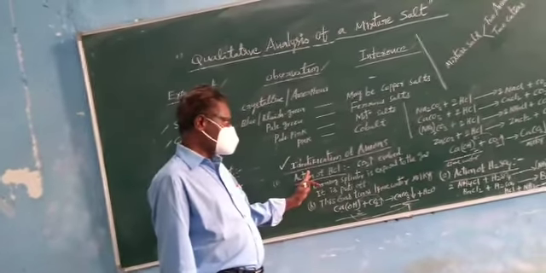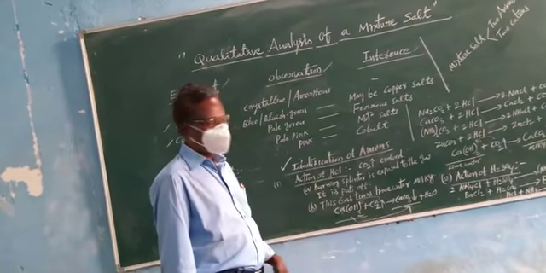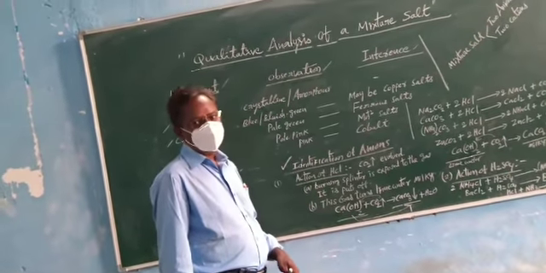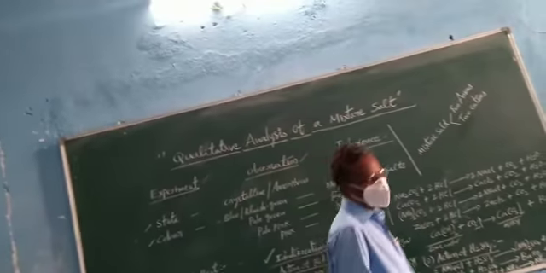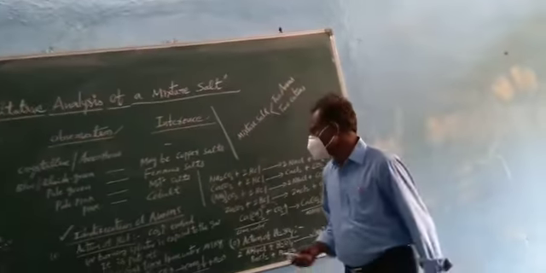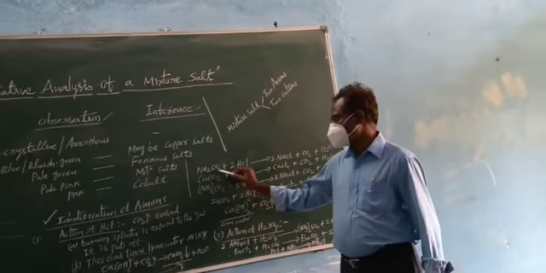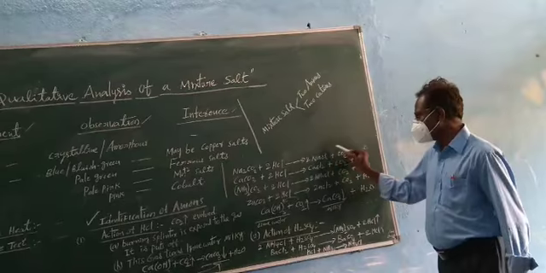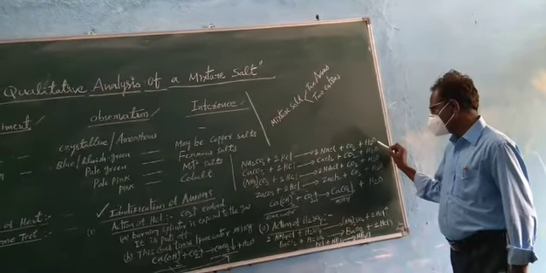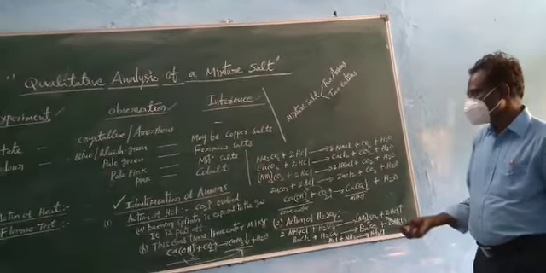So these are some of the reactions we have observed while doing the test for carbonate salts. Sodium carbonate plus hydrochloric acid gives sodium chloride plus carbon dioxide plus water.